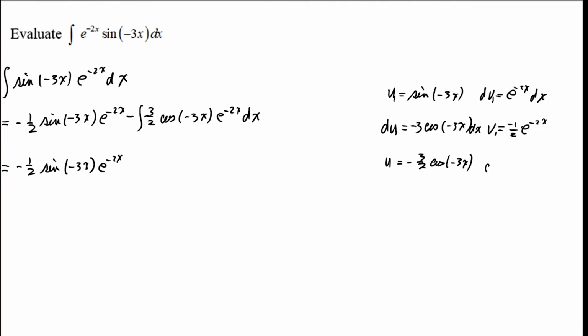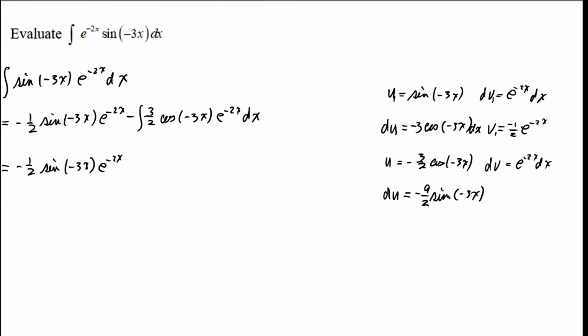And my dv here is equal to e to the negative 2x dx. So far so good. Now differentiate one, so du, this becomes positive. Derivative of cosine is negative, so it becomes positive sine of negative 3x, but the chain rule brings the negative sign back, so this becomes negative 9/2. You with me?